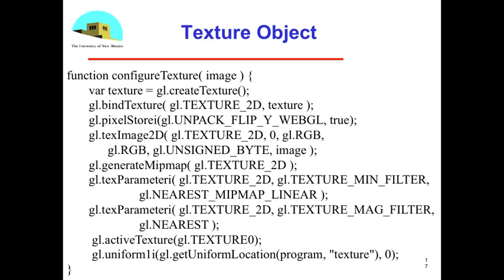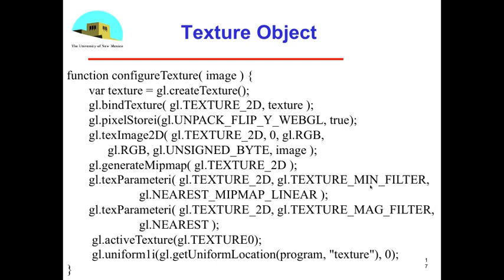I just execute the function generate MIP map for 2D textures, and it's being generated. It's a little annoying to put that texture 2D in here all the time because that's basically all that's really being supported, but it's a legacy thing from older versions, and they decided not to take it out.